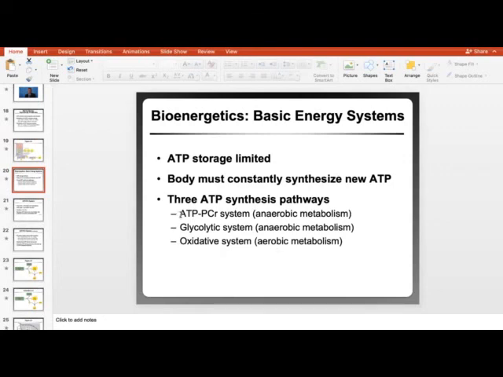You can use the remnants of ATP and phosphocreatine. You can use ADP and phosphorus and energy and water to create ATP. That's called your ATP phosphocreatine system, the phosphagen system. And that doesn't take oxygen. It's anaerobic. All right, there's also a glycolytic system.